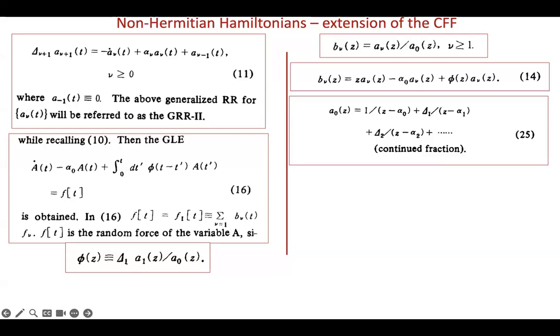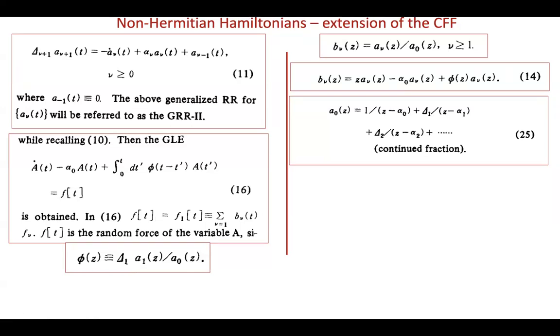So once you put these in, if you go back and see the treatment I had done earlier, once you put this equation 11 and equation 8 into the solution of the Heisenberg equation of motion, you take that solution, plug it back into the Heisenberg equation of motion. Then you get, through some rearrangement, this generalized Langevin equation.